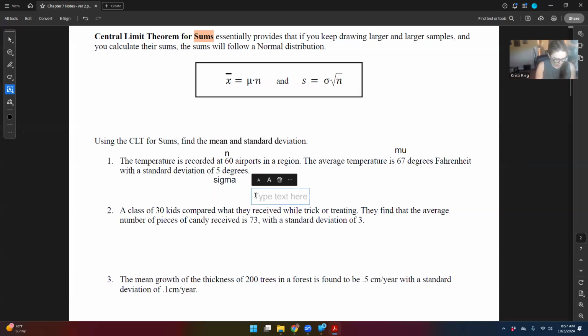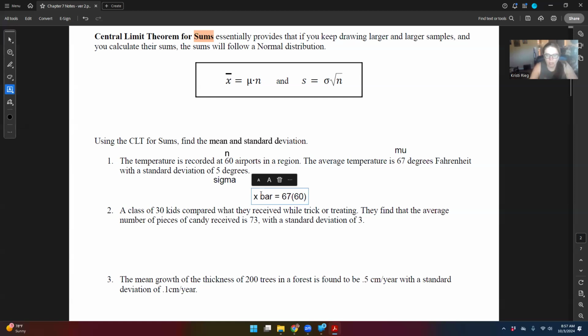So for the answer for this, x bar is going to be mu times n. You don't even have to multiply it out. You might on the homework, if this is the only thing it's asking for, if it just says find the mean using the central limit theorem for sums, they might say to multiply it out.